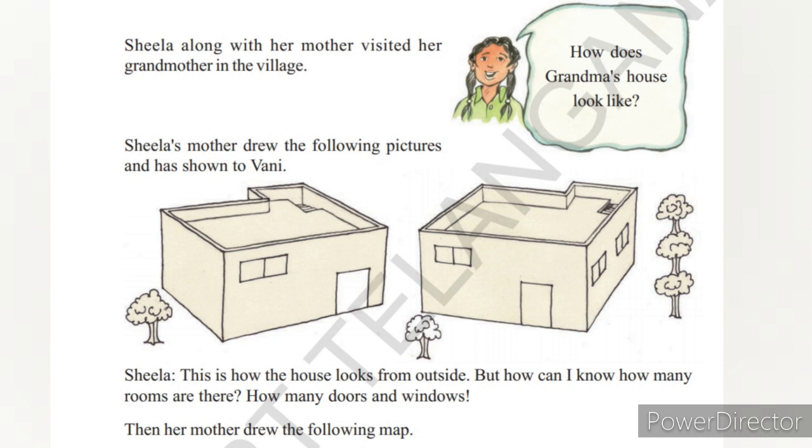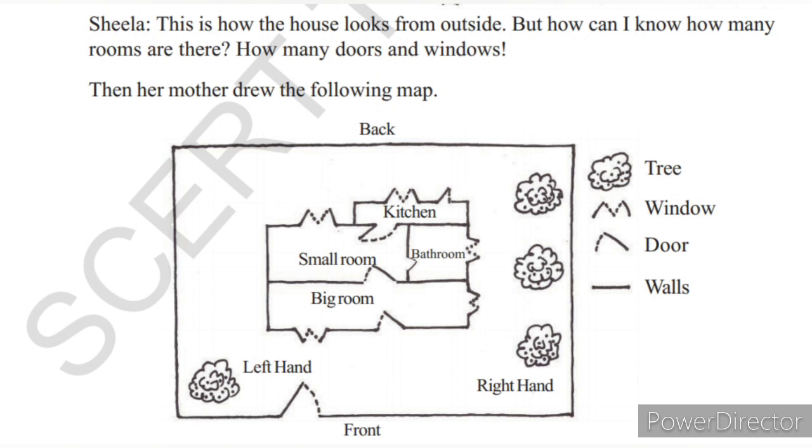You can see the figures in the textbook. Sheila, this is how the house looks from outside. But how can I know how many rooms are there? How many doors and windows? So she was having doubt. From outside you can see the view of the house, but how many windows, how many doors, how many rooms, all these things we can't tell by seeing the outside view. Then the mother drew the following map.